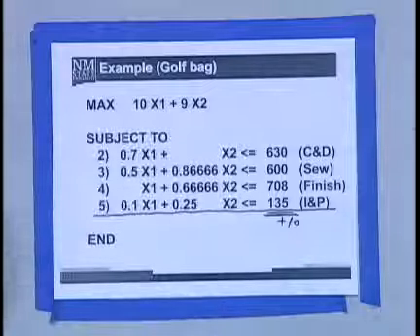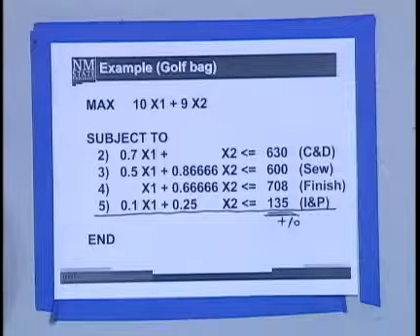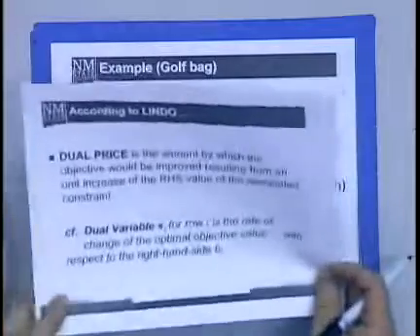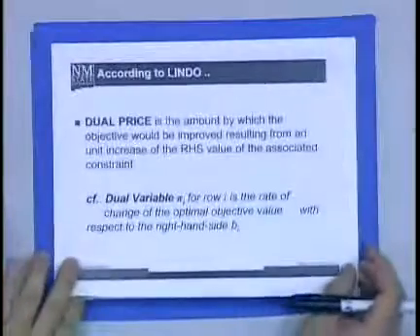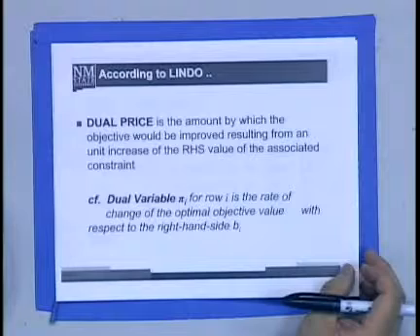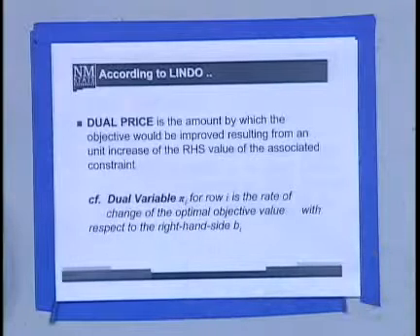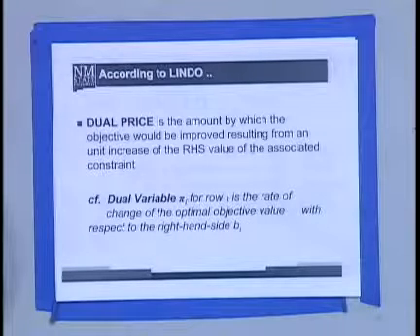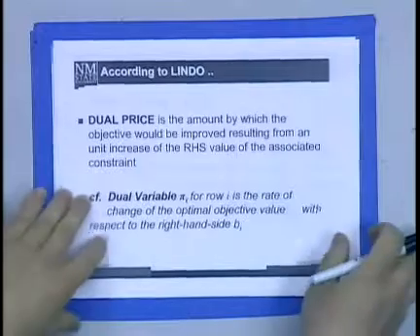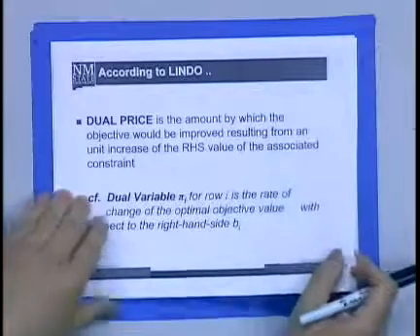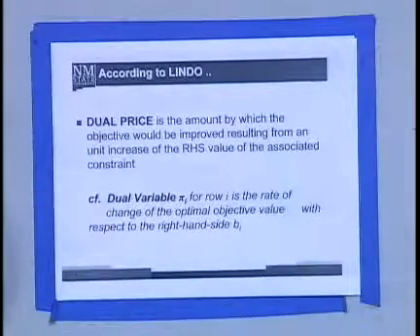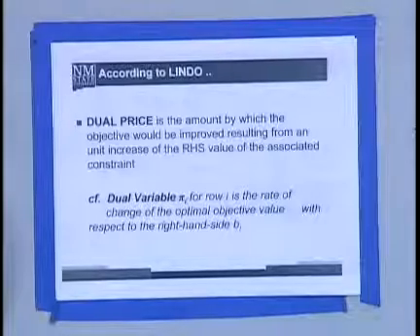So what information do you need to look at? Right, both of them, right? Basically, we need to look at the dual price. However, the dual price remains valid only within the allowable right-hand side ranges, right?